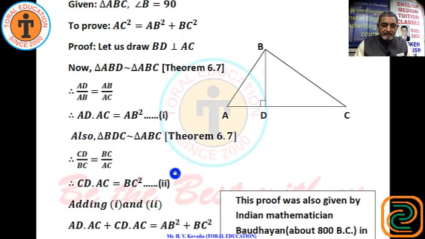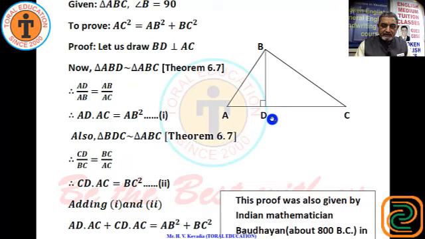Therefore triangle BDC, also triangle BDC and triangle ABC, the smaller triangle and the whole triangle are similar. Why? Because of theorem 6.7.